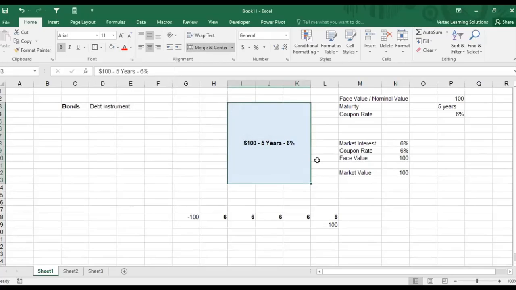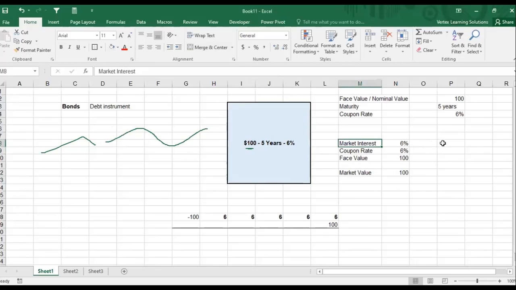But the market value of the bond may go up, it may go down. In the market, the price can go up or it can go down. The market price is not fixed. This price is fixed. Market may change. And why does the market change? The market changes with the market interest rate. Let's suppose that in the market, the interest rates become 4%.